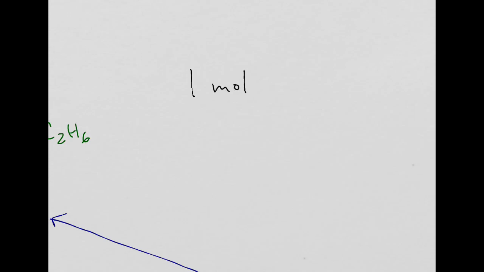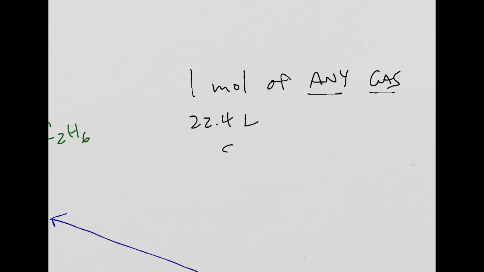So if you have 1 mole of any gas, and I mean that, any gas, that will always take up 22.4 liters of volume, as long as that's at standard temperature and pressure.